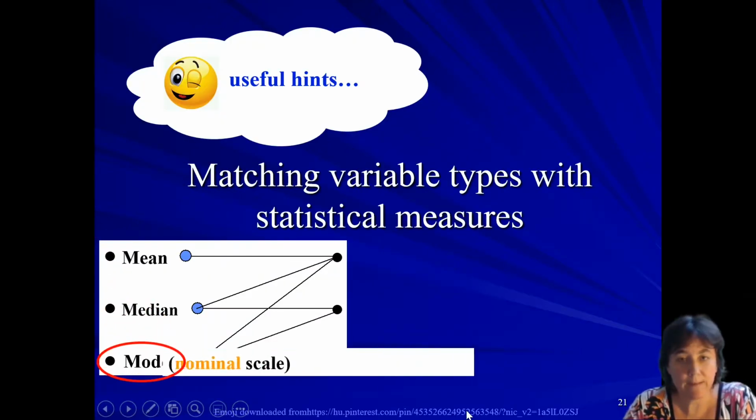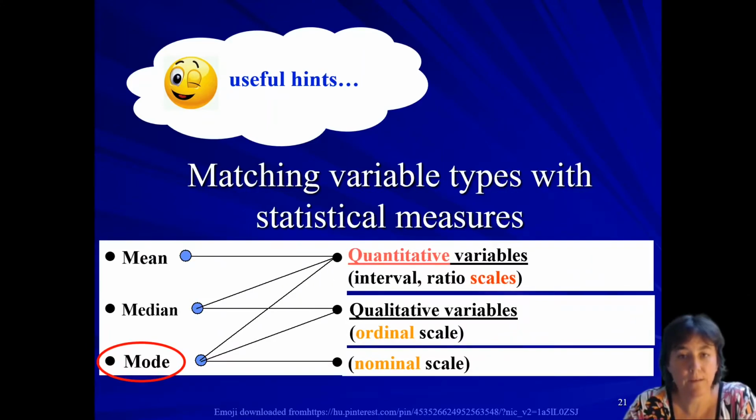Some useful hints I found very good when trying to memorize these differences in what can be used, which kind of central tendency can be used for which kind of statistical measure. For the mode, everything goes. Quantitative and qualitative variables are fine.